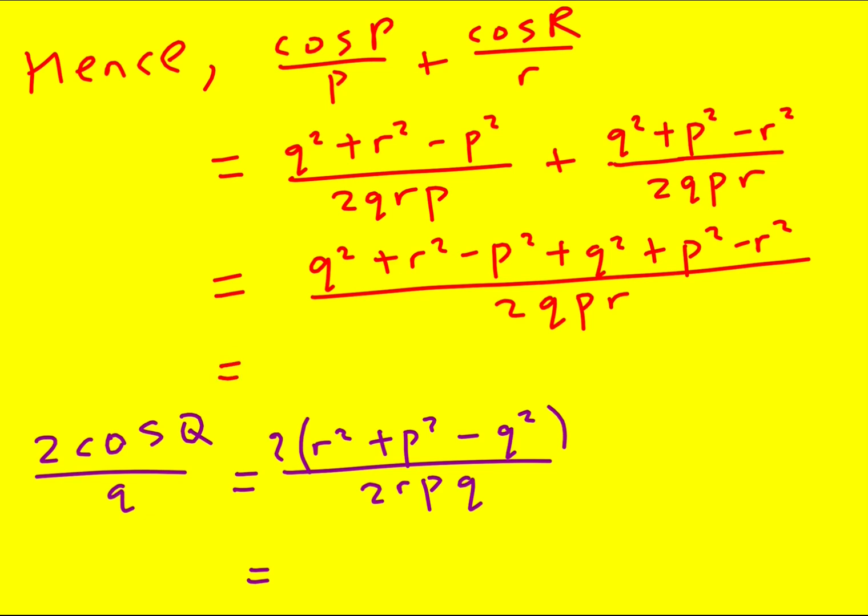Now I'm tempted, actually, I wasn't going to do it, but yeah, I'm going to cancel these out. So actually I'm going to be left with q squared over qpr, because I've got two lots of q squared, that's going to cancel with that too.